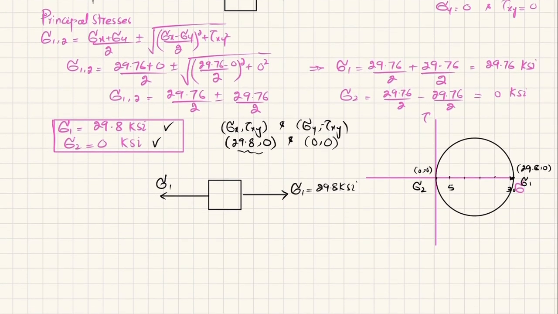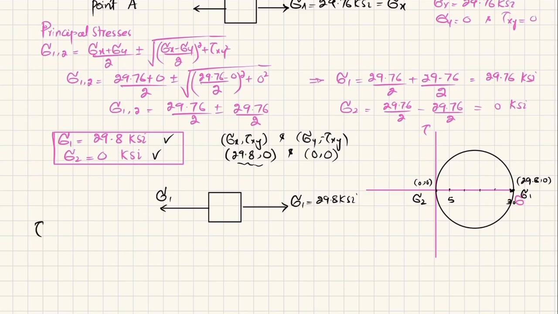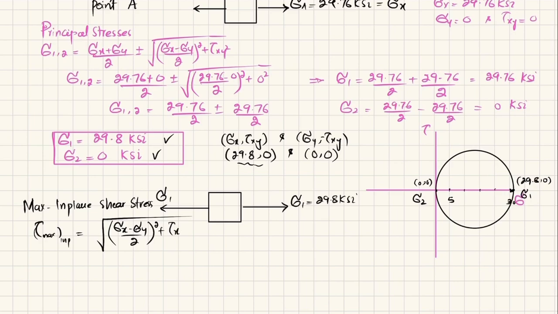For in-plane shear stress, we have the formula for maximum in-plane shear stress. Tau max in plane is equal to the square root of (sigma x minus sigma y divided by 2) whole square plus tau of xy square.